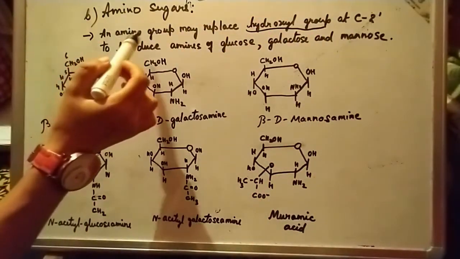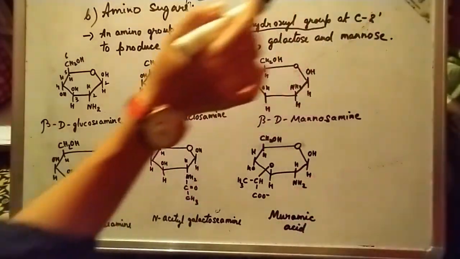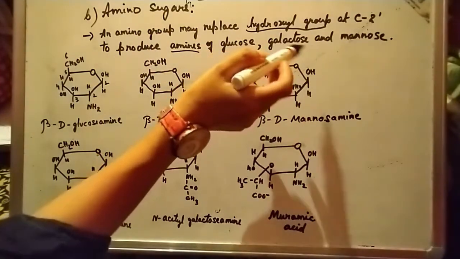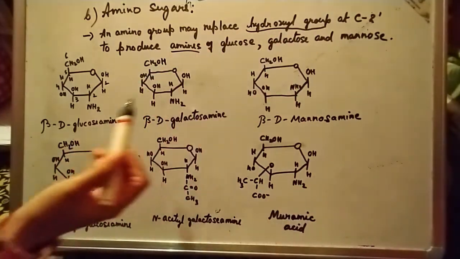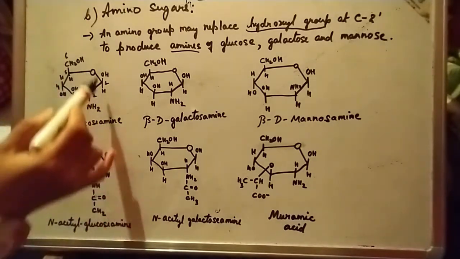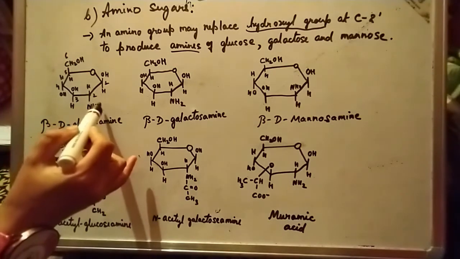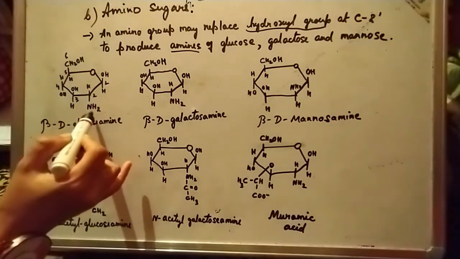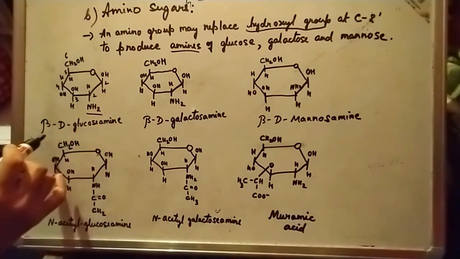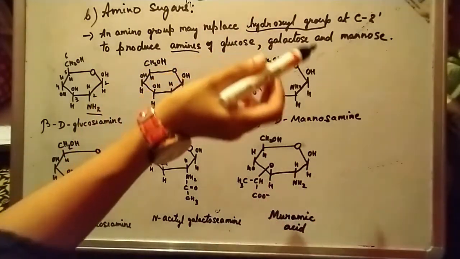The amino group may replace a hydroxyl group at carbon number 2 to produce amines of glucose, galactose and mannose. As I have shown in this figure, from the glucose molecule, if the hydroxyl group at carbon number 2 is replaced by an amino group, then we get beta-D-glucosamine. So we get amines of glucose, galactose and mannose.